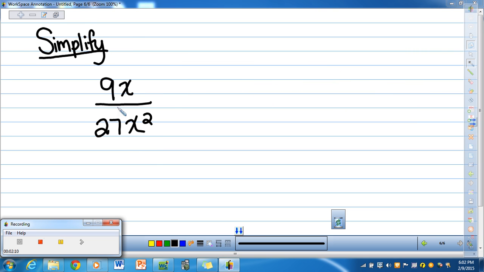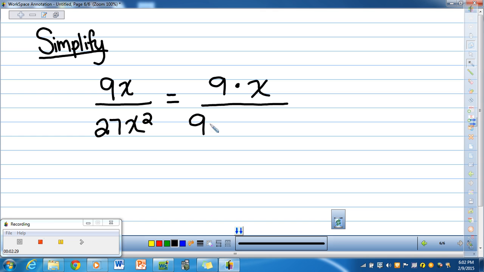Now let's simplify a rational expression. Notice how it still looks like a fraction, but we've included the variable x on the top and the bottom. We could split up the top into 9 times x. On the bottom, 27 is the same as 9 times 3, and x squared is the same as x times x.